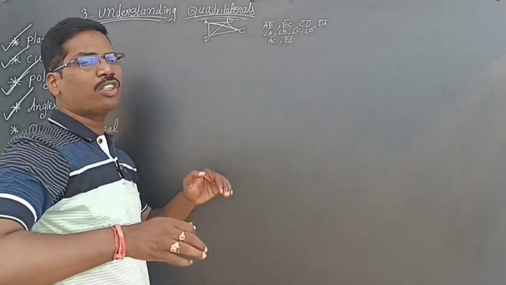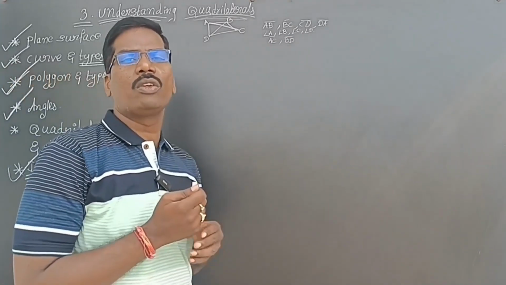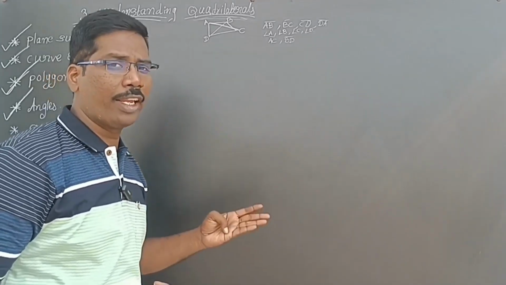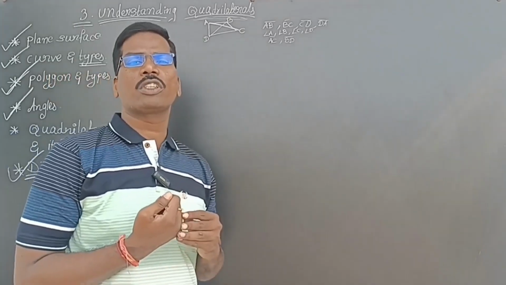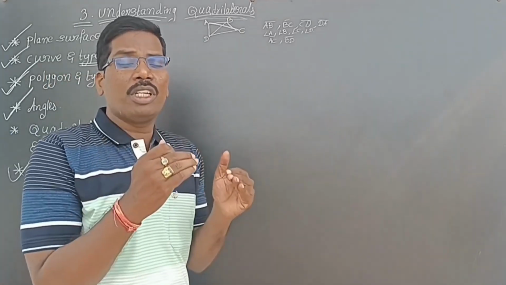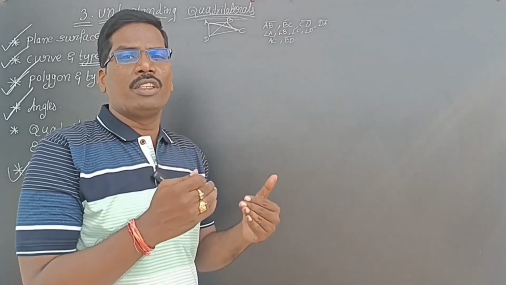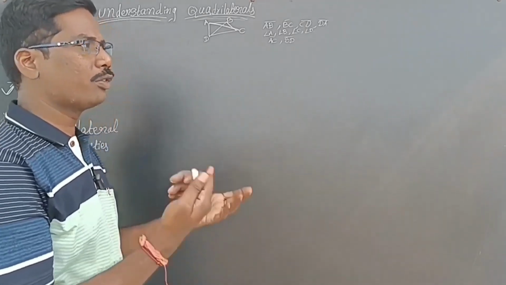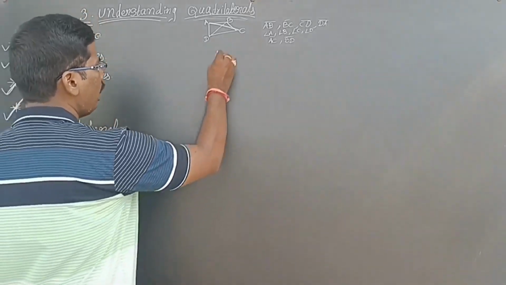So these are the parts of the quadrilateral. So quadrilateral is having 10 parts: 4 sides, 4 angles, 2 diagonals. So the measurements which can be done, those are called parts of the quadrilateral, parts of the diagram.